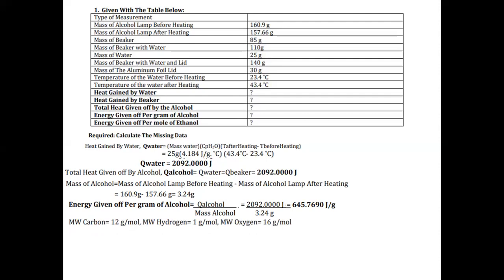To determine the energy given off per mole of ethanol, we need the molecular weights of carbon, hydrogen, and oxygen, because the chemical formula for ethanol is C2H5OH.